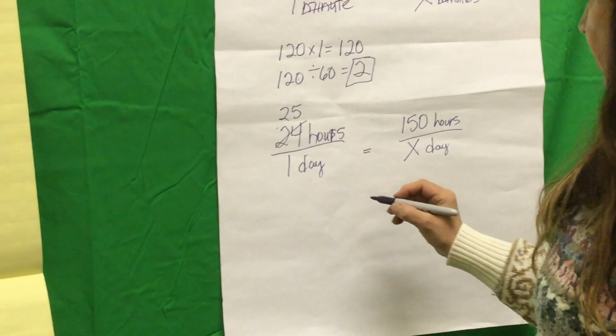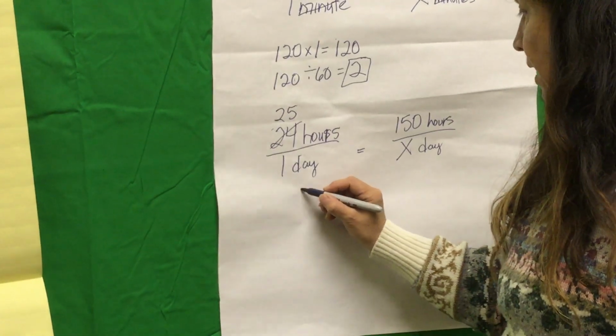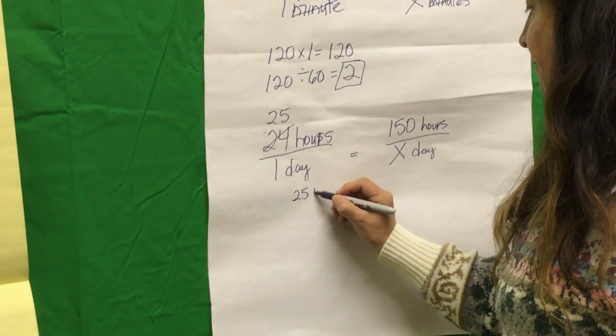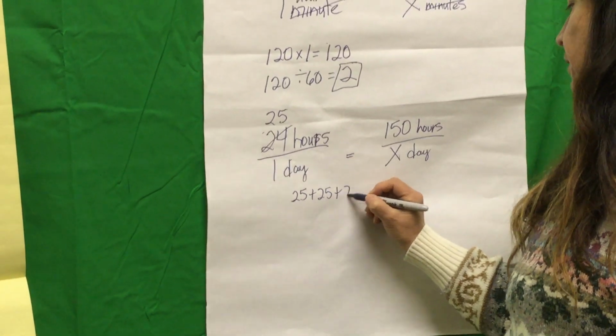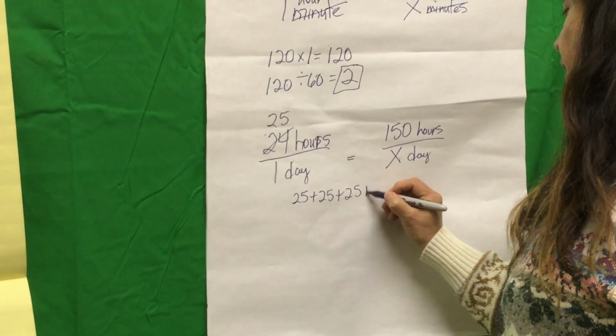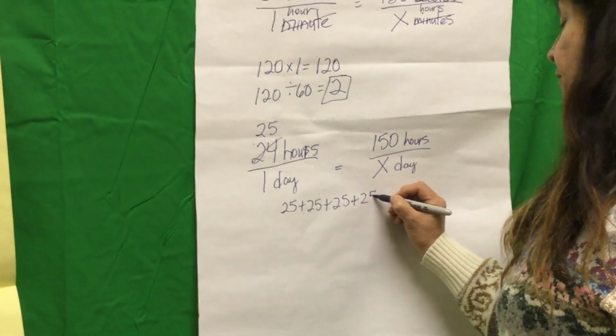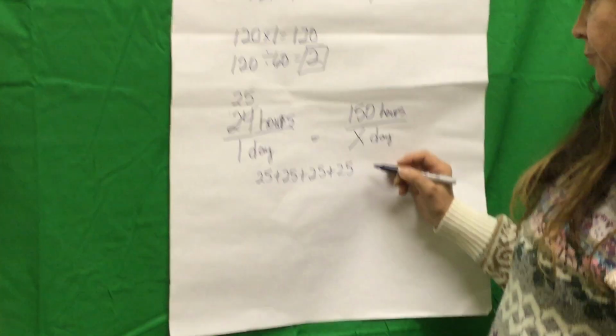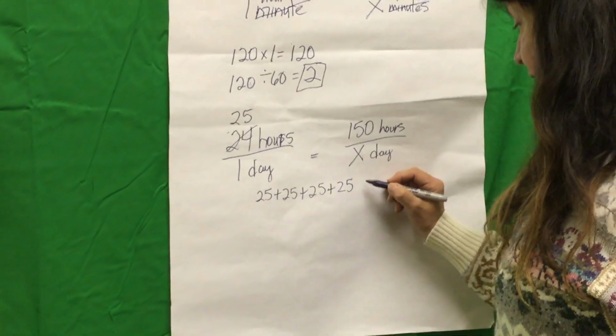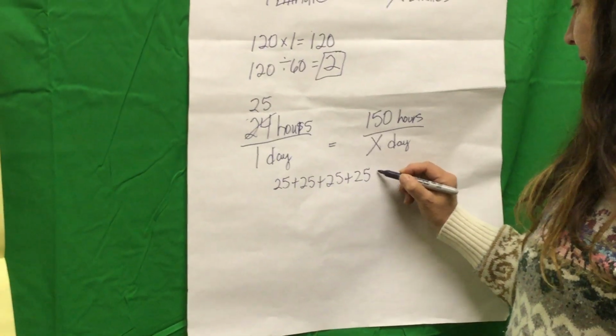And so what we can do then is we can say 25 plus 25 plus 25 plus 25, because 25 is like a quarter, and 4 quarters equals $1 or 100. So we're getting there.